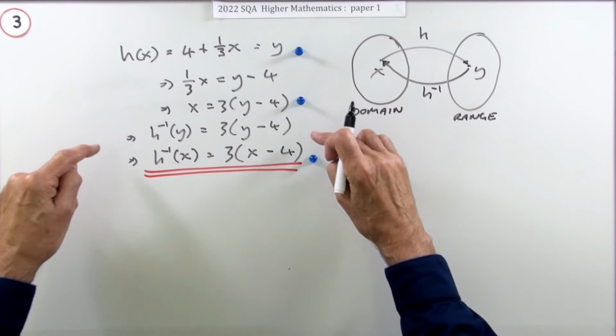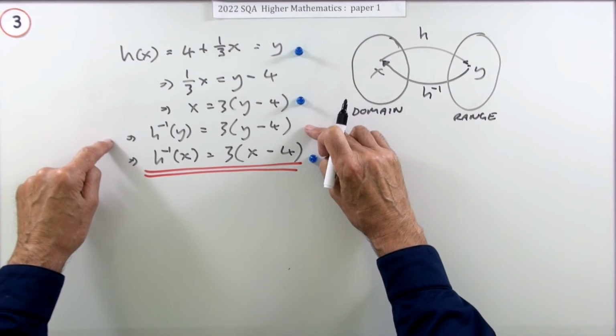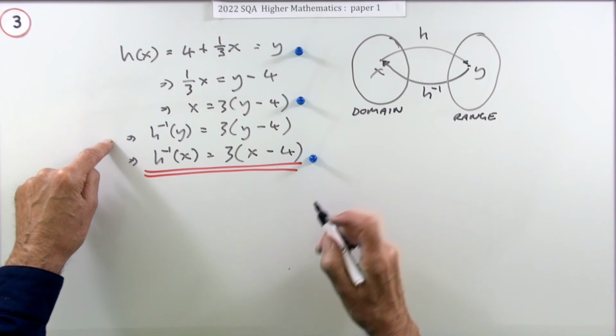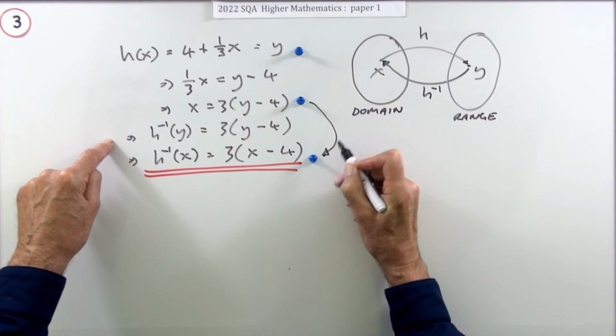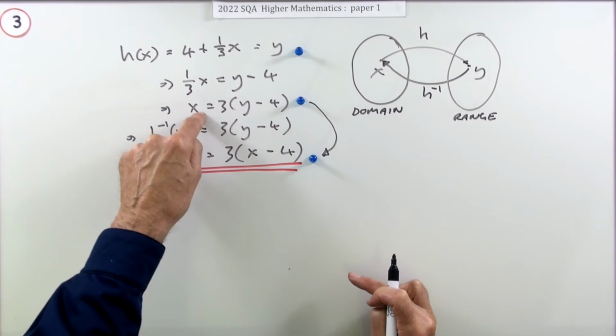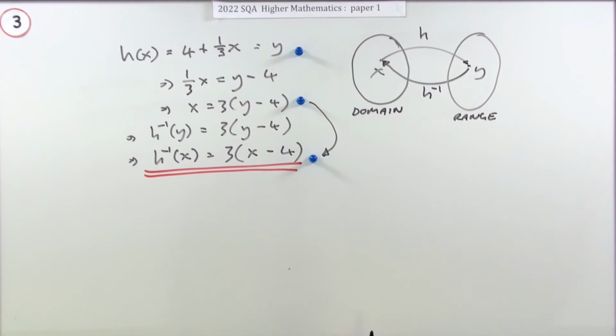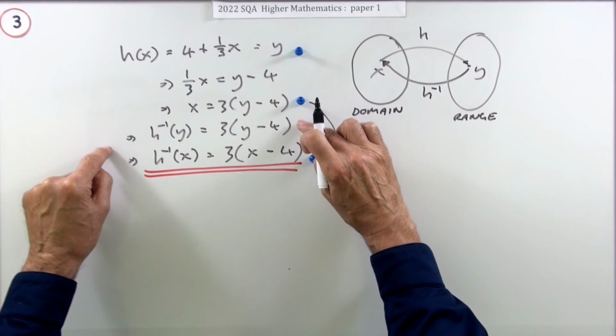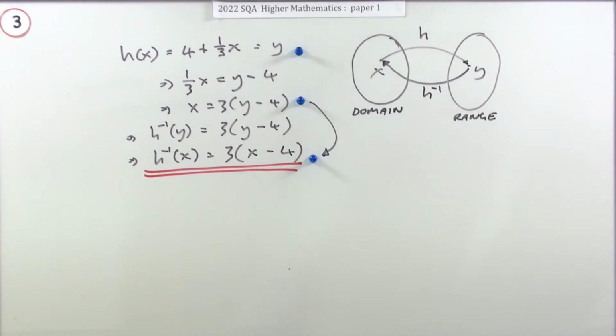So according to the marking scheme, it doesn't matter if you put this line in. You may well be used to just jumping straight from there to there and ignoring that line. Just as soon as you've got the result x equals, you put that in and just change everything to x's. But that's really the step that you go through in between.